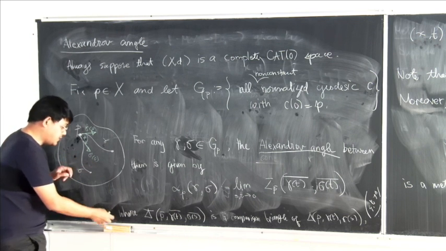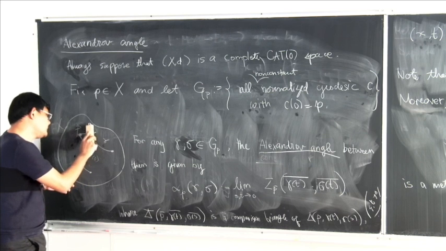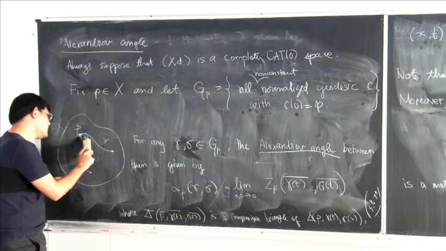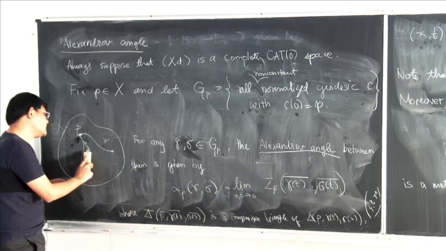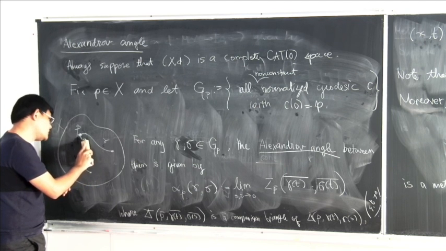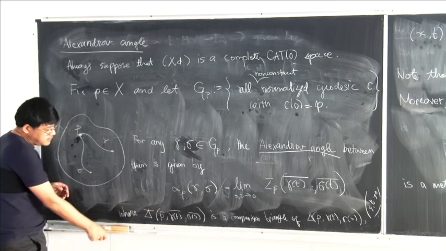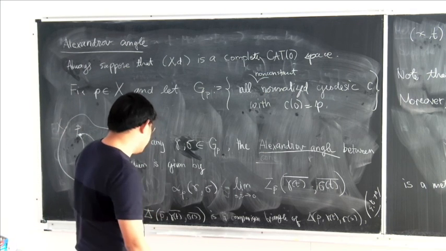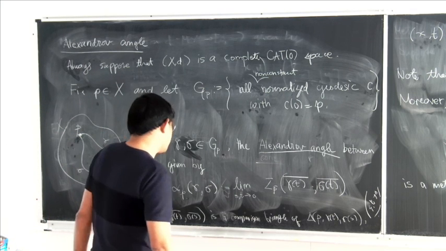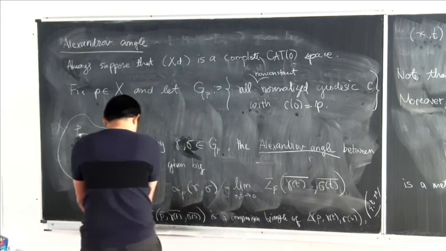That is very nice, but we don't have that luxury here. So we cannot take the derivative. If we can, then everything is simple, but we cannot, unfortunately. So we have to use the concept of Alexandrov for measuring the angle between two geodesics.